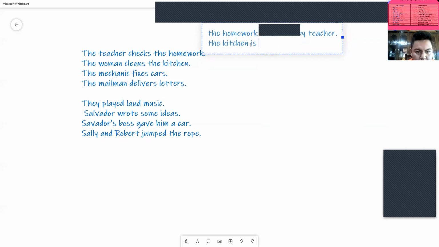The kitchen is the cleans. What is the past participle? Another regular verb. Cleaned. Ajá, correct.